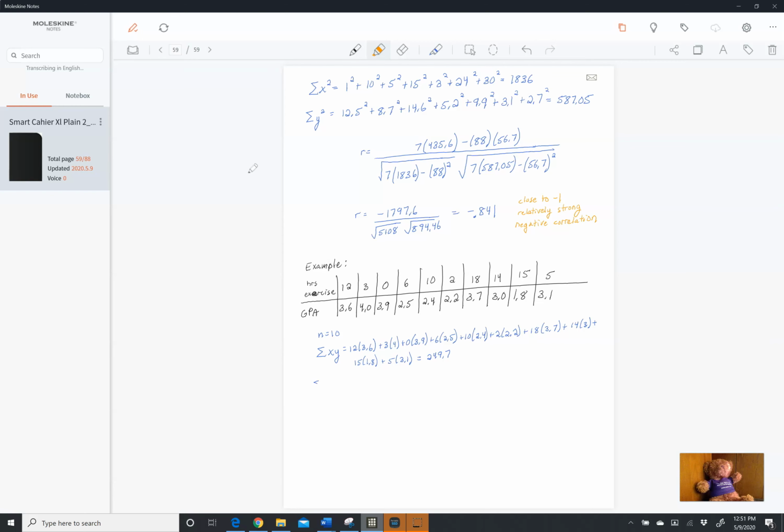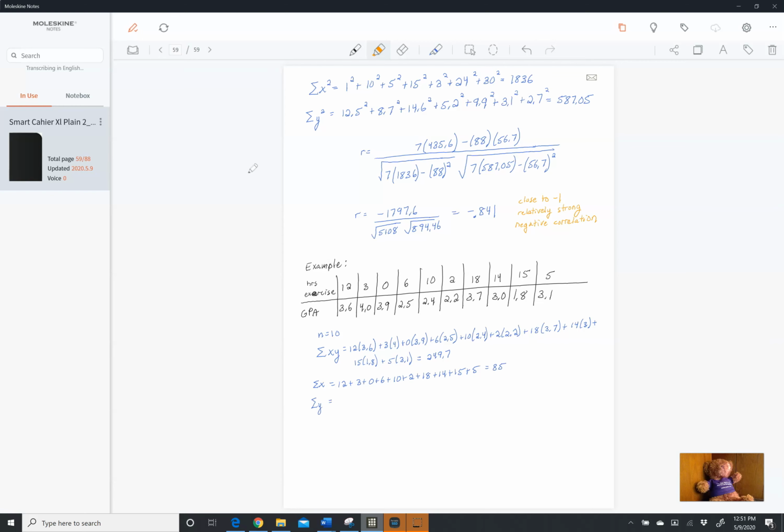Then we need the sum of our x. So we take all of our x values and we add them. And what do we get? 85. Then we take the sum of the y.